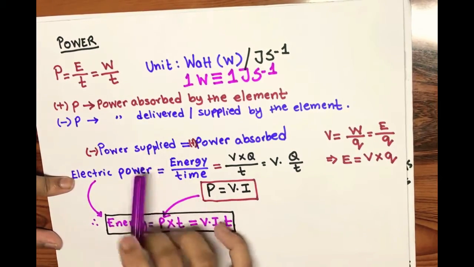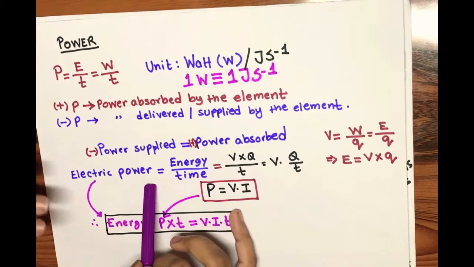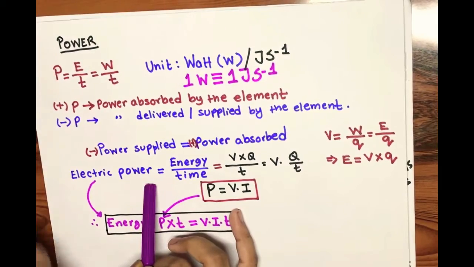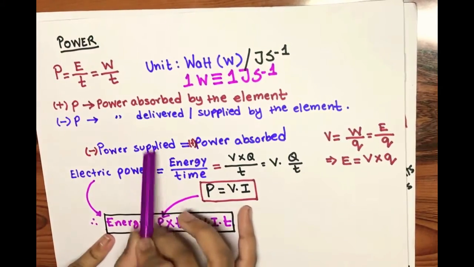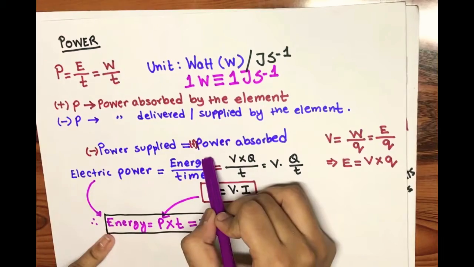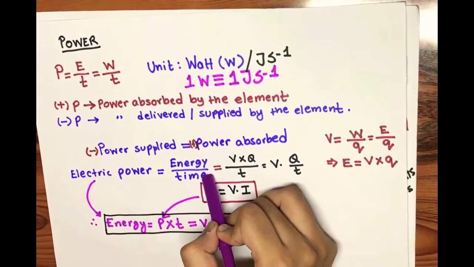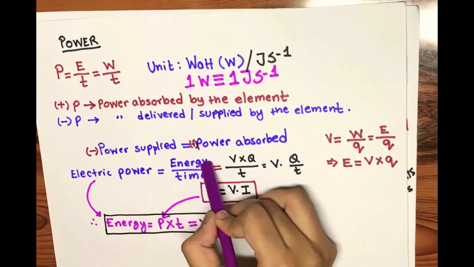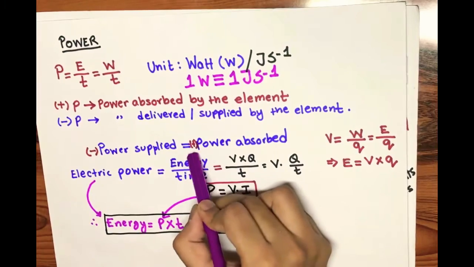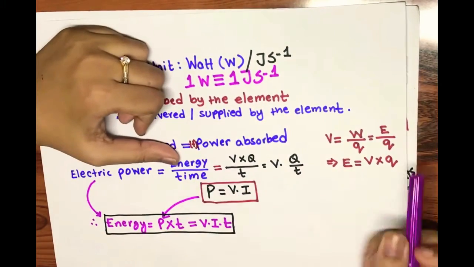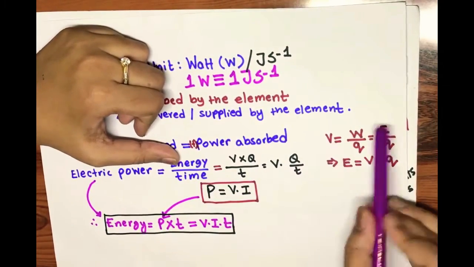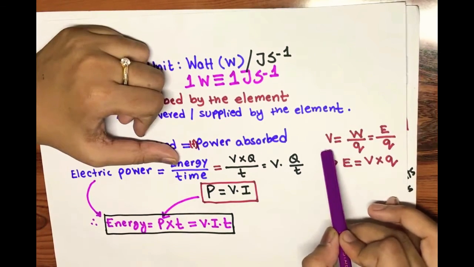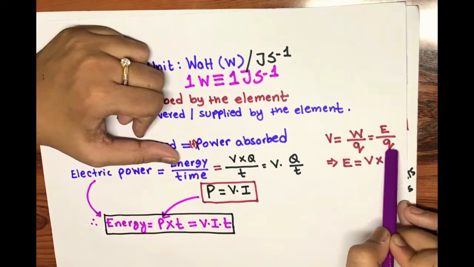Now we are going to derive the equation for electric power from the equation for general power. Electrical power is equal to electrical energy over time. So what will be the expression for electrical energy? We can deduce it from the equation of voltage, which is V equals energy over charge.